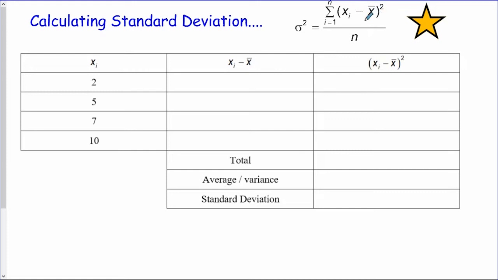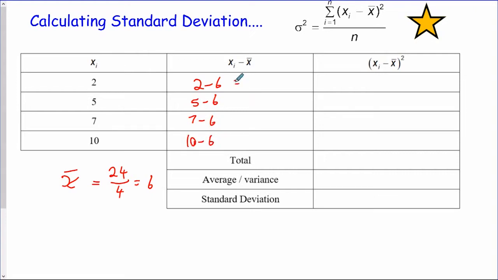The first thing in calculating standard deviation is we would need to find the mean. So for example, if I had these four numbers here, 2 and 5 is 7, and 7 is 14, 24, the mean is going to be 24 divided by 4, or 6. Then I take each data item and work out 2 minus the mean, 5 minus the mean, 7 minus the mean, and 10 minus the mean.